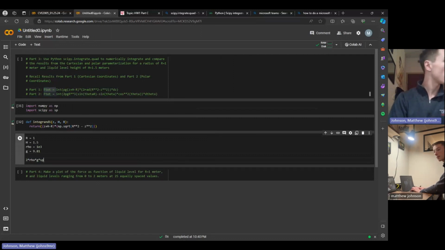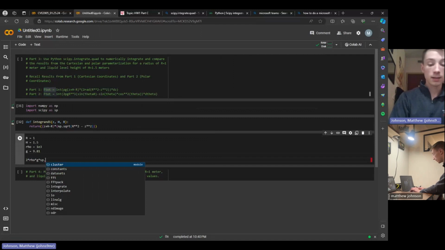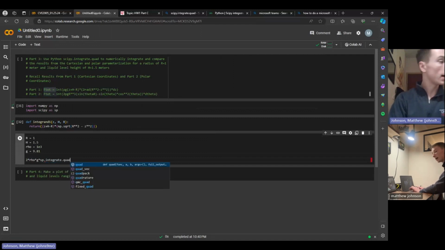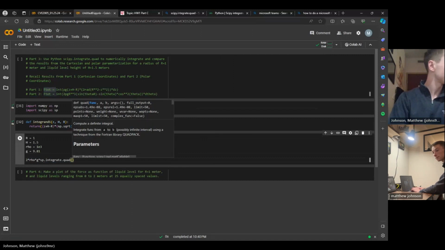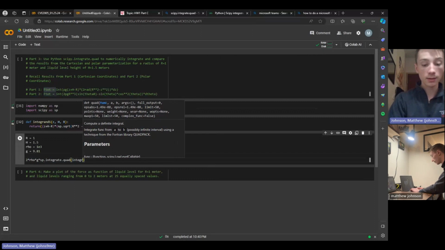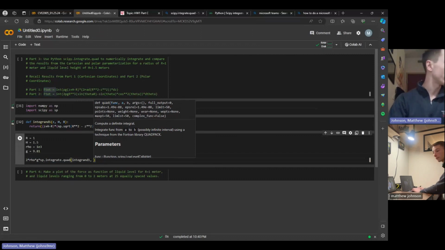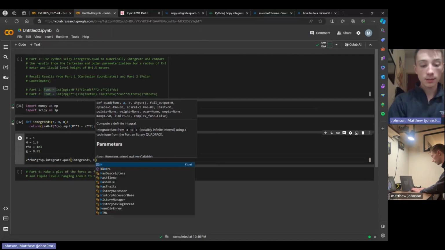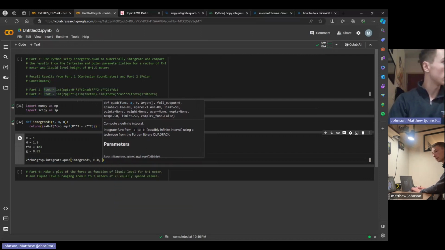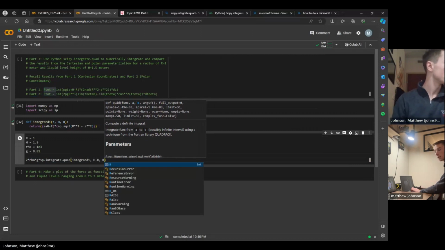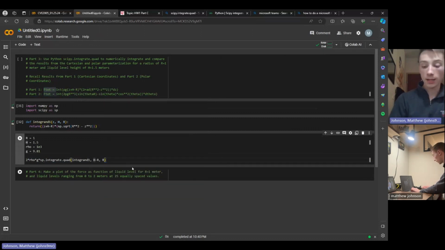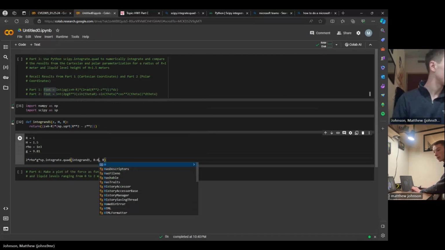So we'll do scipy.integrate.quad. And we need to put in our function. Well, we're putting in our integrand, so that's easy. We named that one already, integrand 1. And we are integrating from, what were we integrating from? Is it h minus r to r? Oh, you know what? It was r minus h, because it was negative h minus r. So r minus h, comma r.